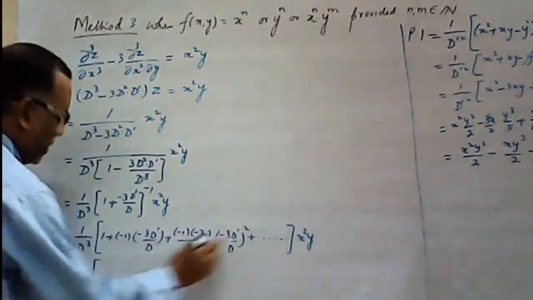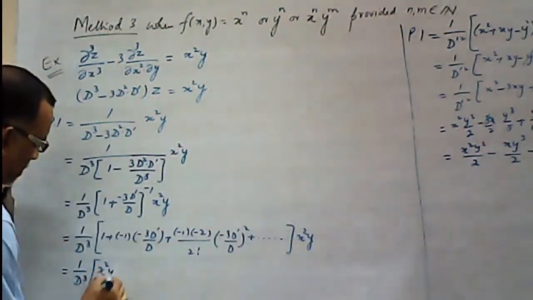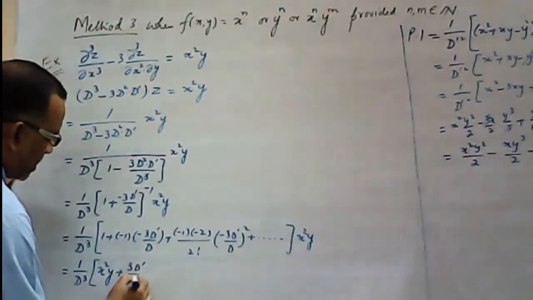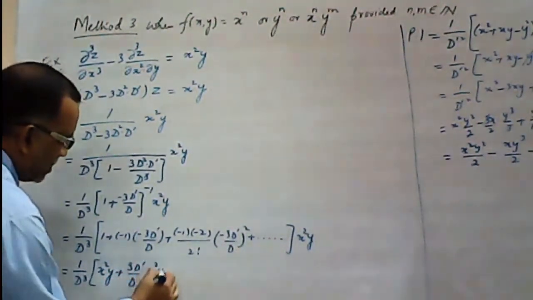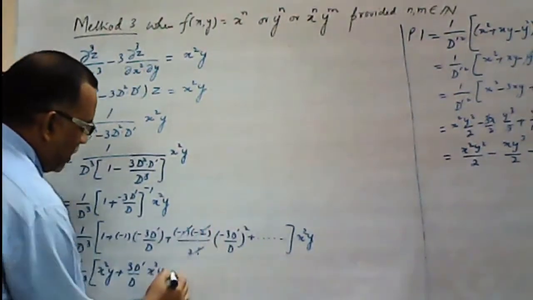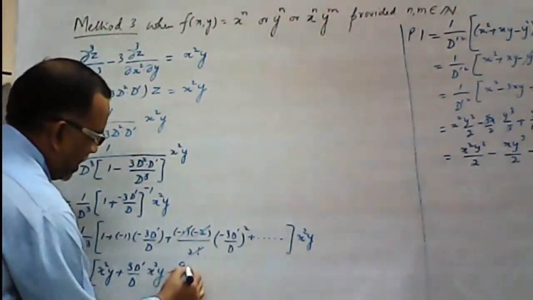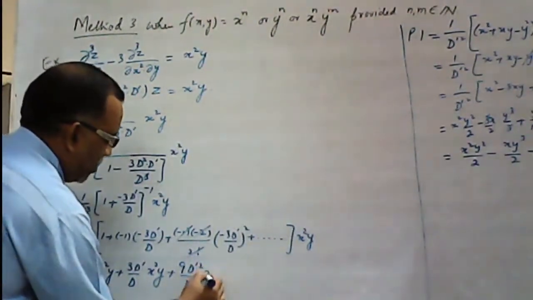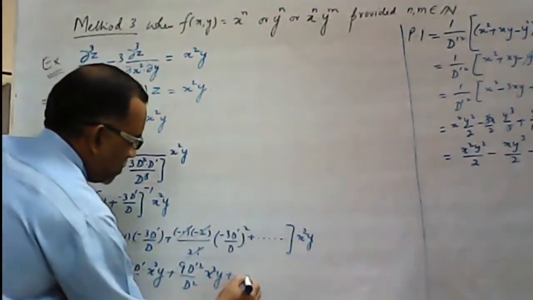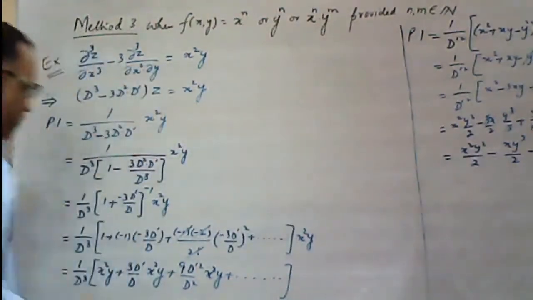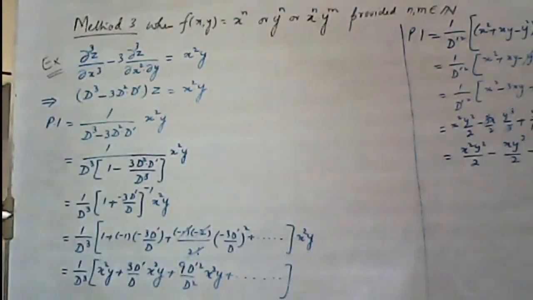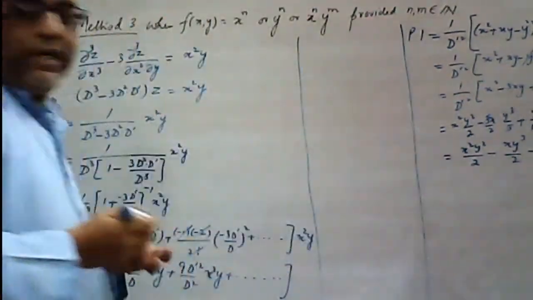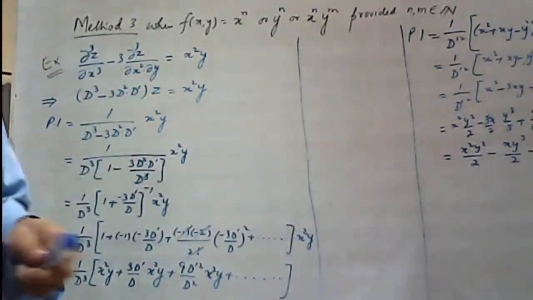For 1 into x square y is x square y, minus minus plus 3D dash upon D applying on x square y, 2 factorial cancels with 2, plus 9D dash square upon D square applying on x square y and so on. Now getting the response of each and every term separately.